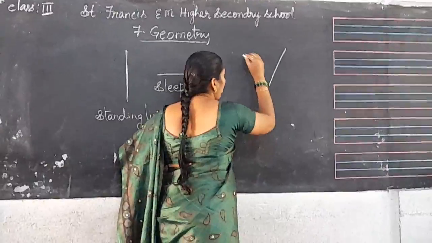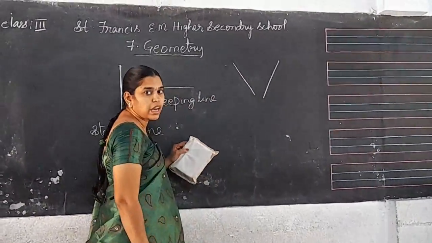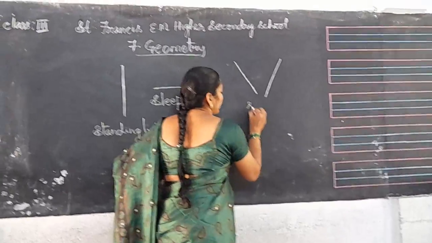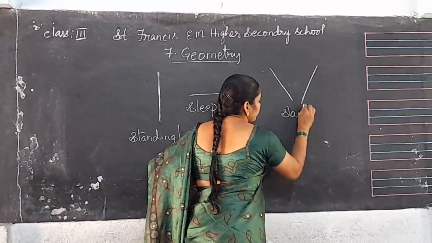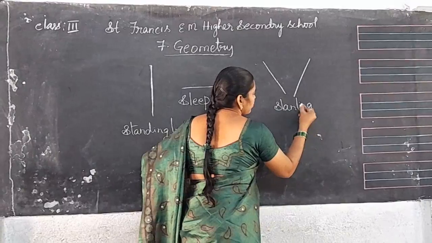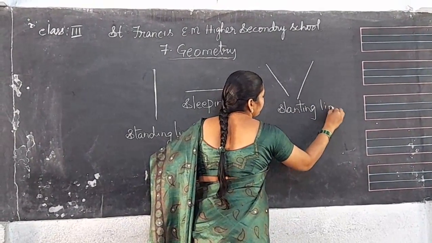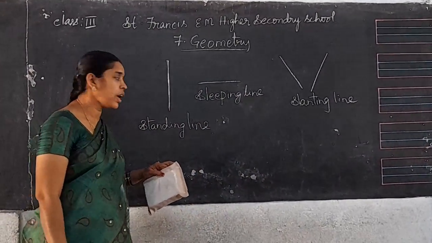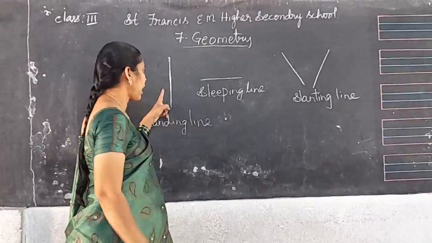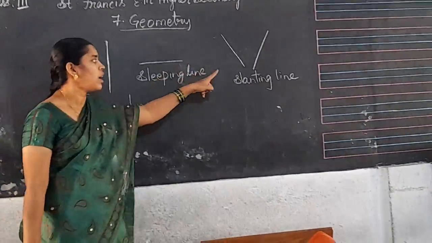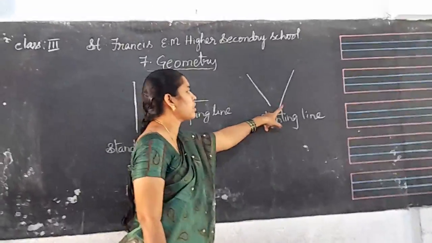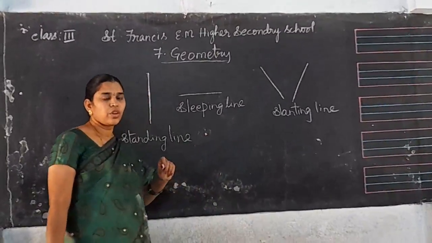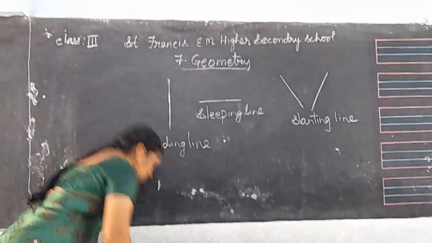And this side or this side, these lines are called slanting lines. Okay? Standing line, sleeping line, and slanting line. This is a slanting line and this is a slanting line. Okay?